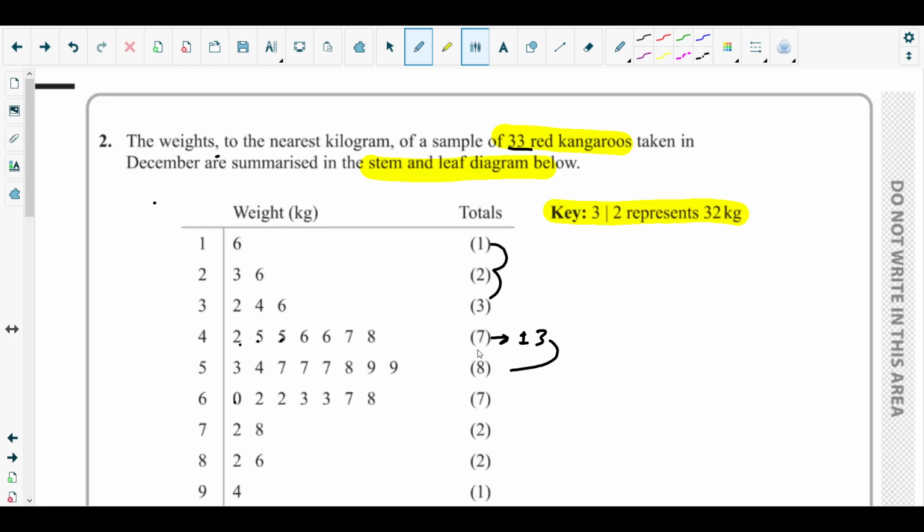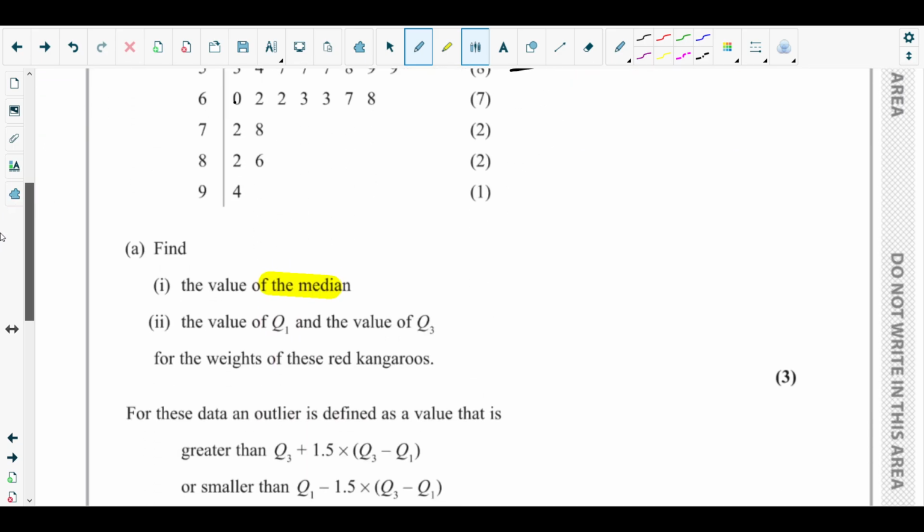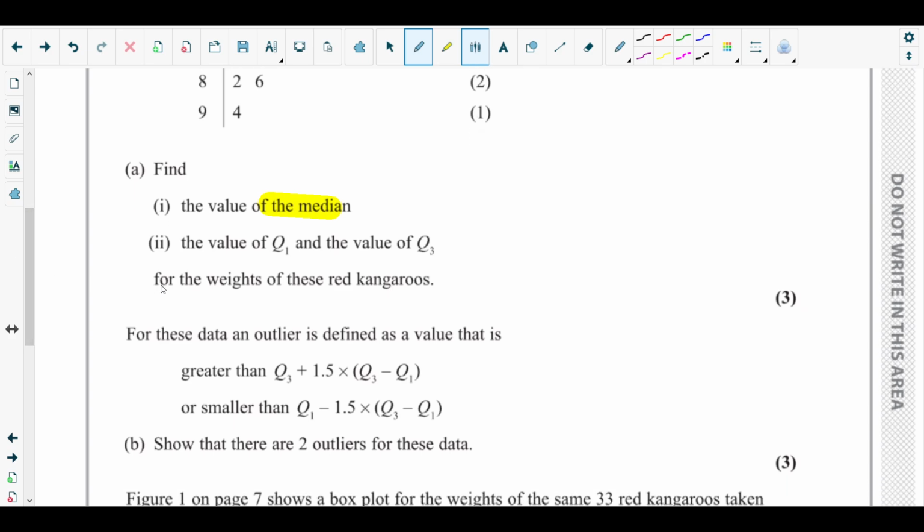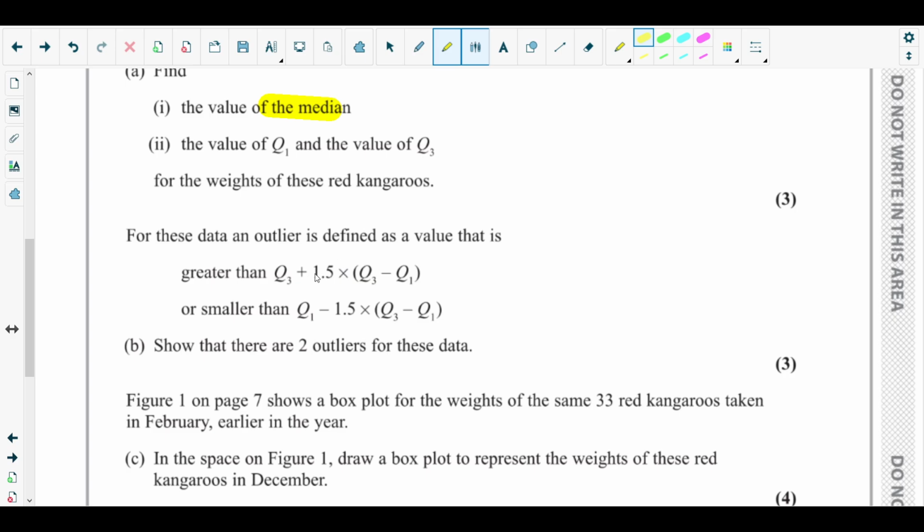That's it. Okay, next, part B. For this data, an outlier is defined as a value that is greater than 1.5 times (Q3 minus Q1) above the upper quartile, or smaller than 1.5 times the interquartile range below the lower quartile.